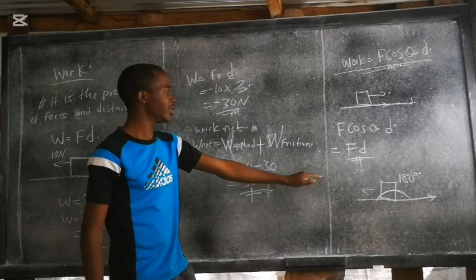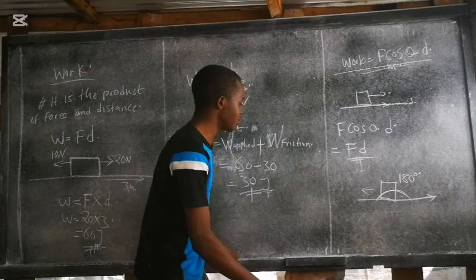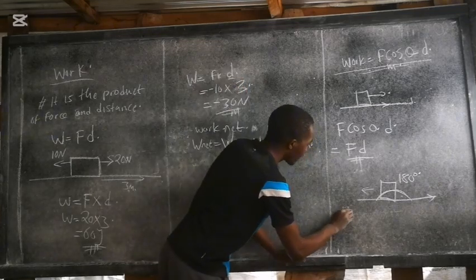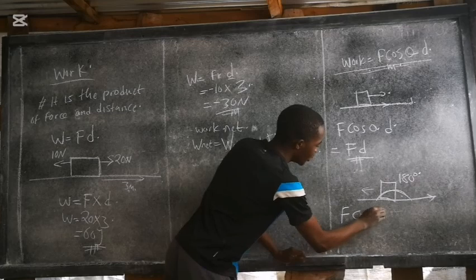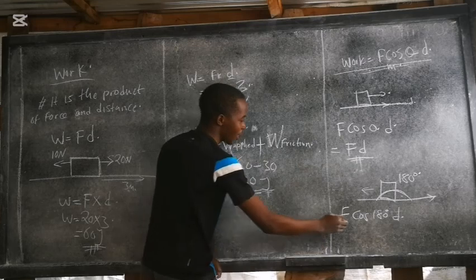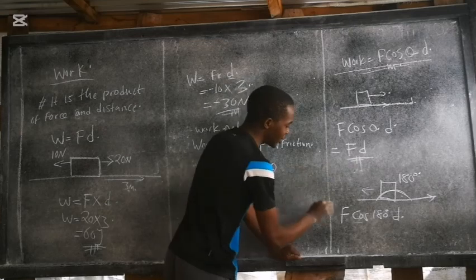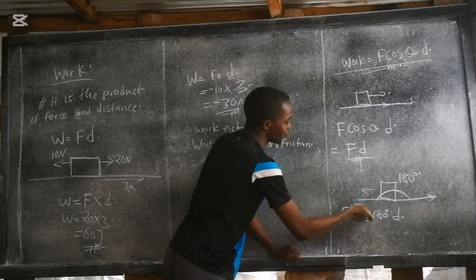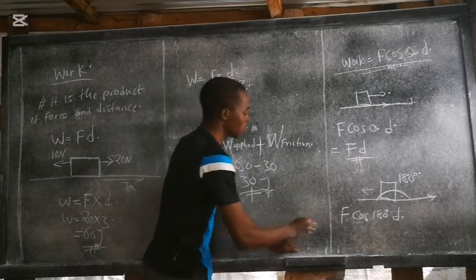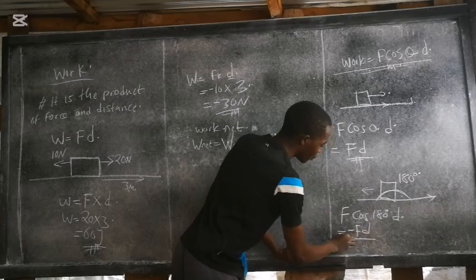When it makes 180 degrees, here we will use cos 180 degrees. So force cos 180 degrees times d. Here cos 180 is -1. When you punch cos 180 on the calculator, it is -1. That's why we say negative force times d.